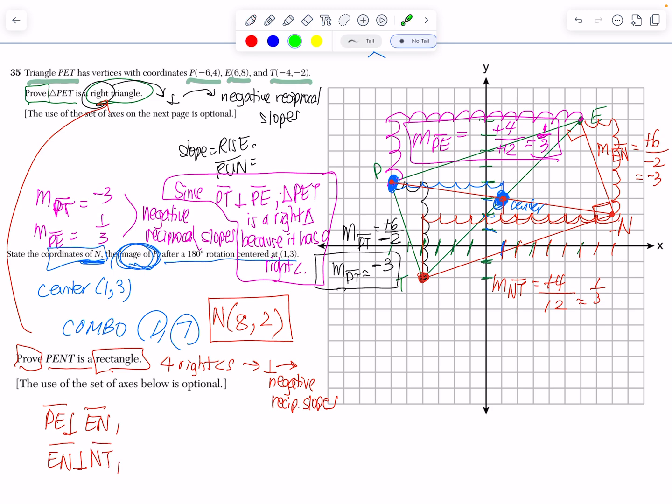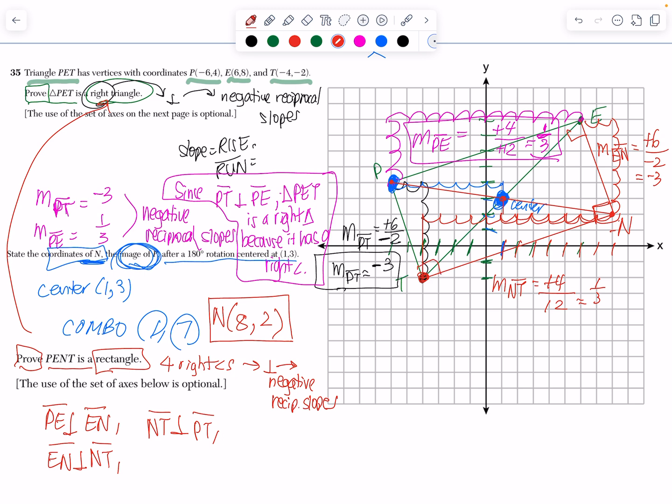And then line segment NT has slope positive 1/3, and line segment PT has slope -3, and that's negative reciprocal slopes. So line segment NT is perpendicular to line segment PT.